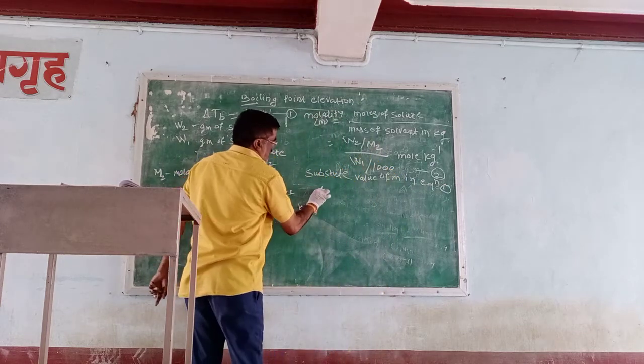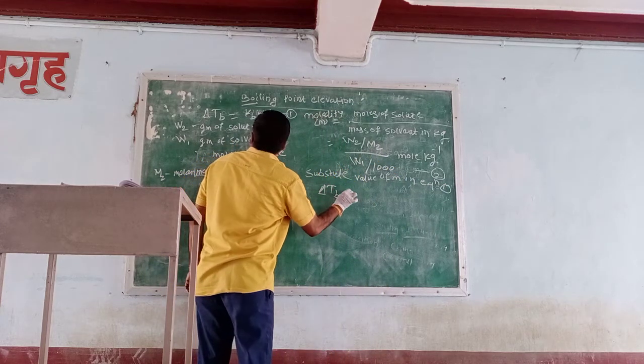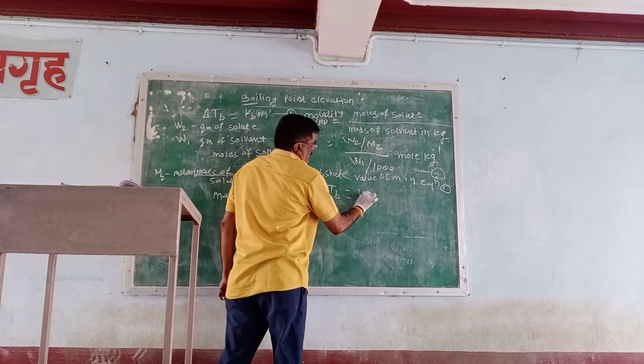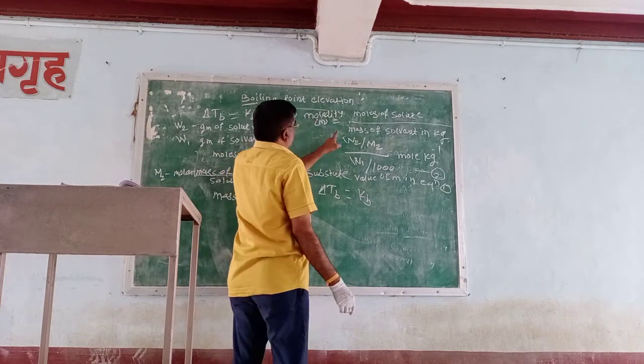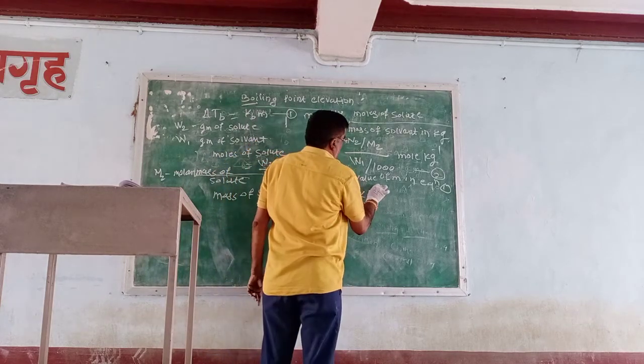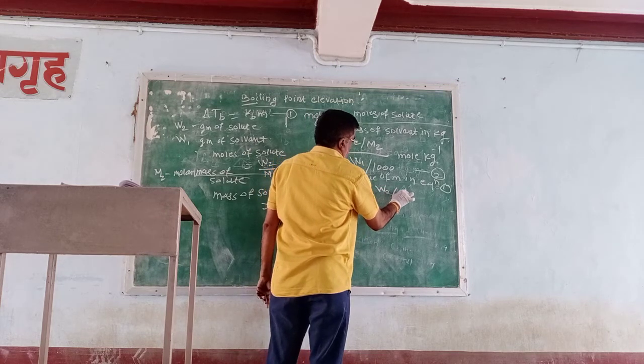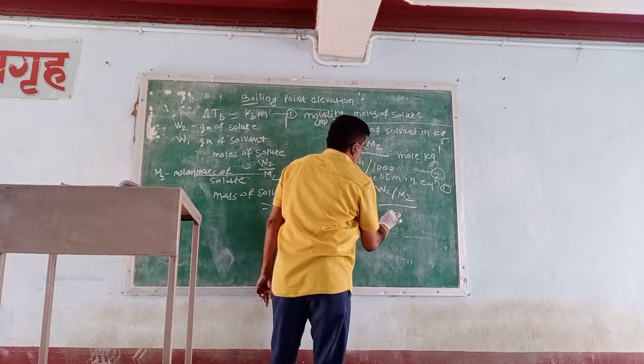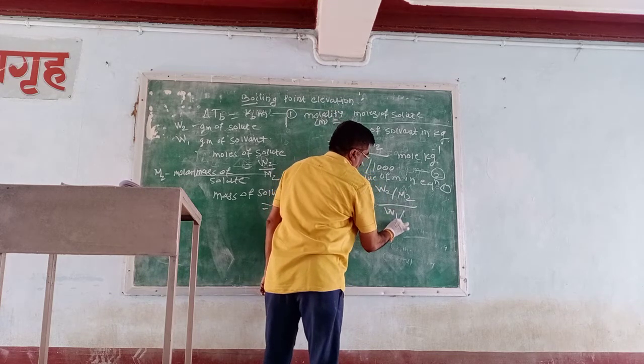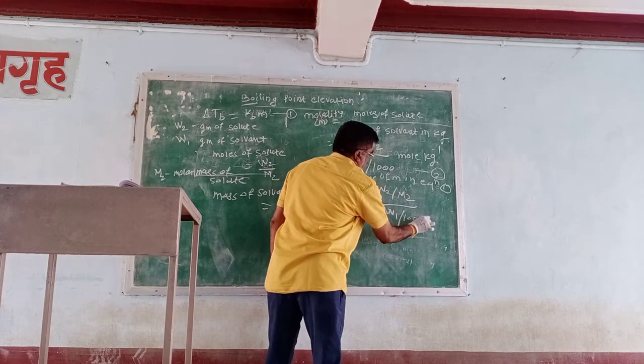Equation 1 is delta Tb is equal to Kb into m, where m is W2 upon M2 divided by W1 upon 1000.